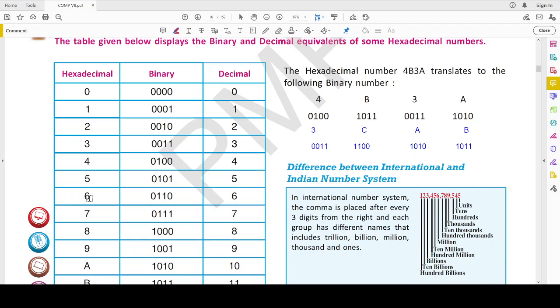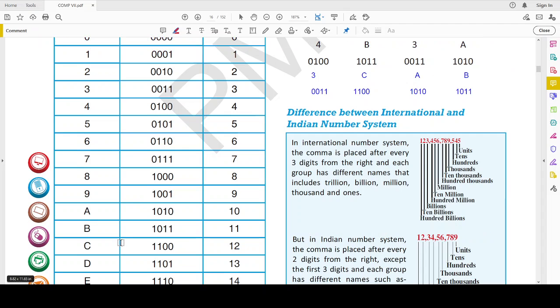Maybe we don't require up to 7, but for 8 you need it. So you have to keep the provision for all the digits. You cannot represent the smaller ones by only 3 bits and the bigger ones by 4 bits. That is not allowed.